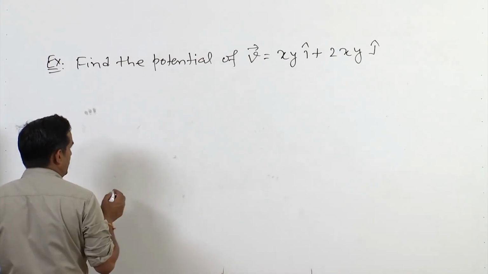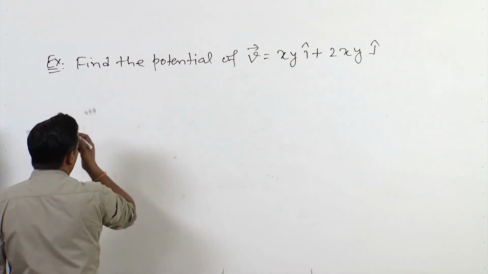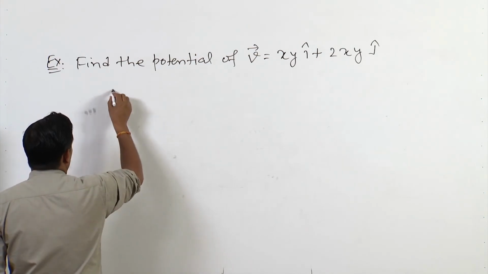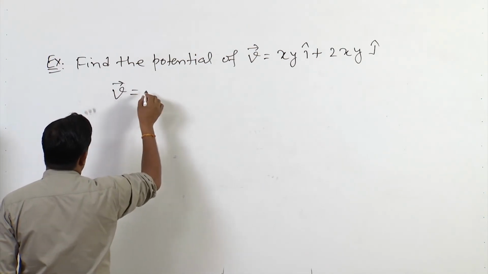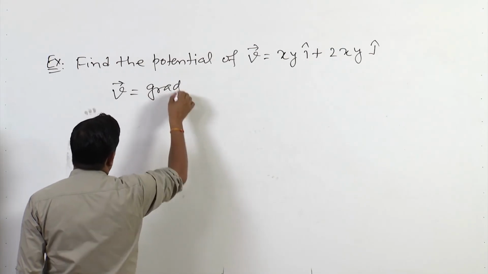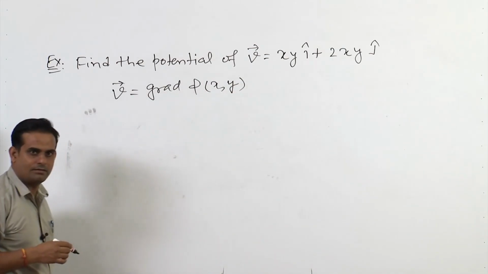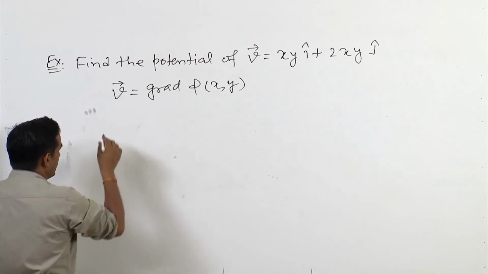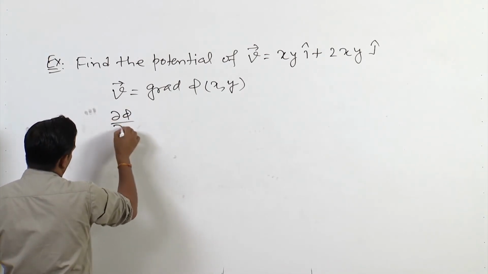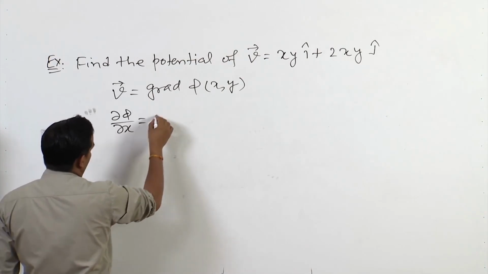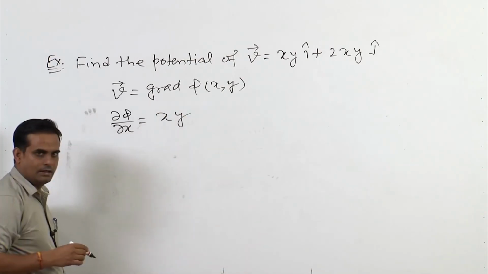So, here v is a function of xy. So, what should I have? V equals gradient of phi, xy. So, from here I am getting del phi over del x equals xy.